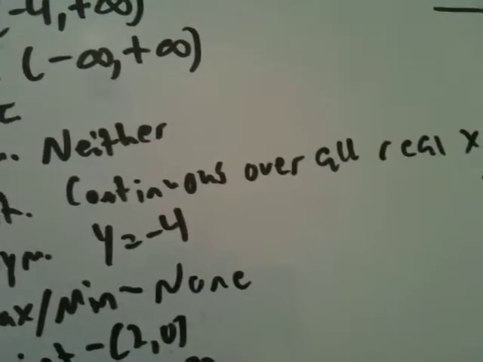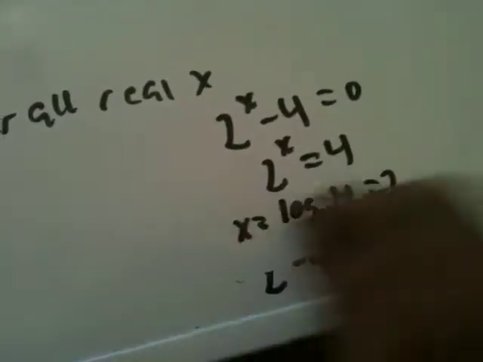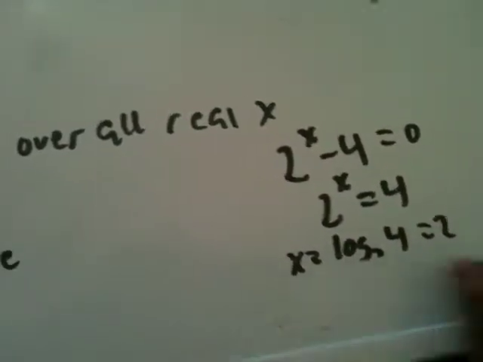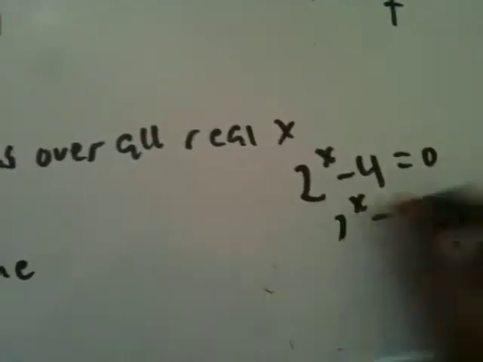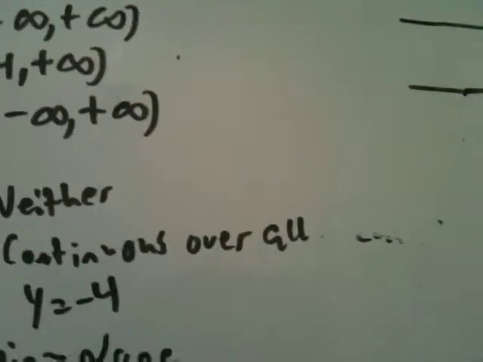Alright, we're almost done. The last two parts of analyzing this function are the bounds and the end behavior over all x.